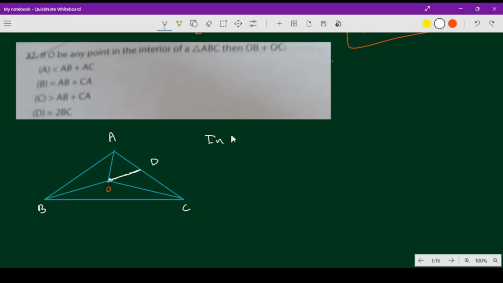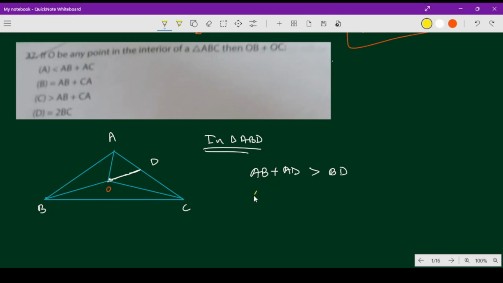So in triangle ABD, we find that the sum of AB and AD is greater than the third side BD. Now we can figure out this BD is the sum of OB and OD.